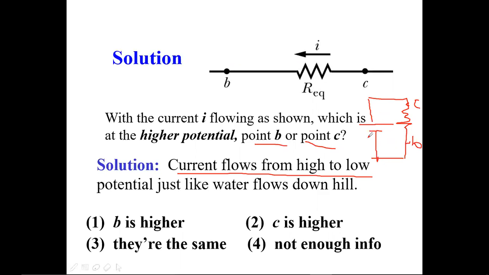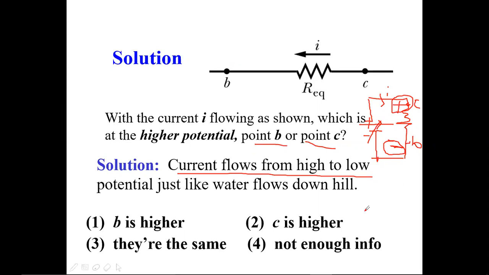As soon as you switch on the supply, with this a positive sign and this a negative sign, the current will flow. Now tell me which is the higher potential and which is the lower potential. Obviously the plus side, C, is higher potential, and minus, B, is lower potential. Why? Current always moves from the higher potential to the lower potential.